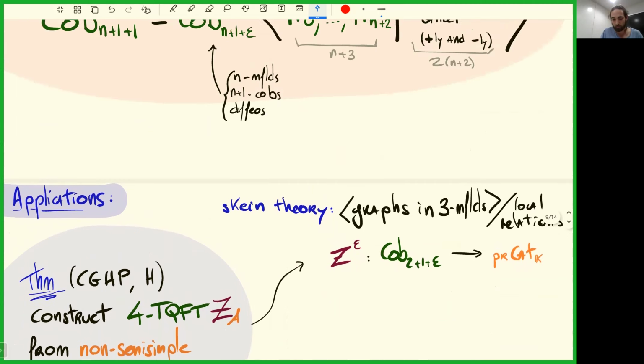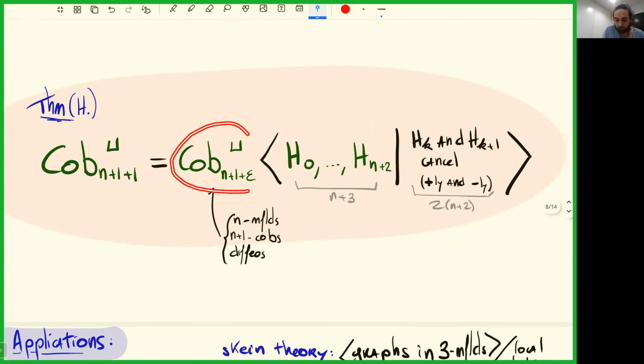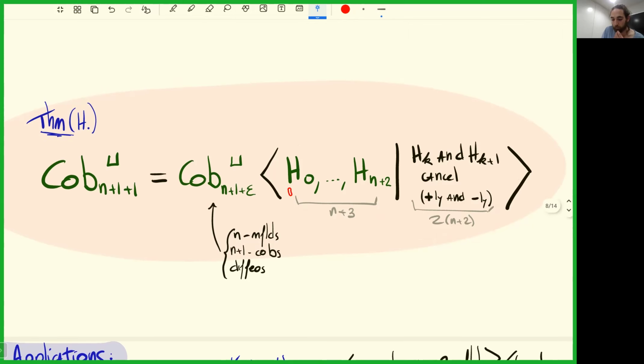Something defined on this part, in many concrete examples, we will understand quite well. It's really the n+2 dimensional part that's a bit difficult, and so we can now do it a bit more by hand, even if we don't have a very good understanding of the theory. We just need to give an assignment to the handles and check explicitly a bunch of relations.